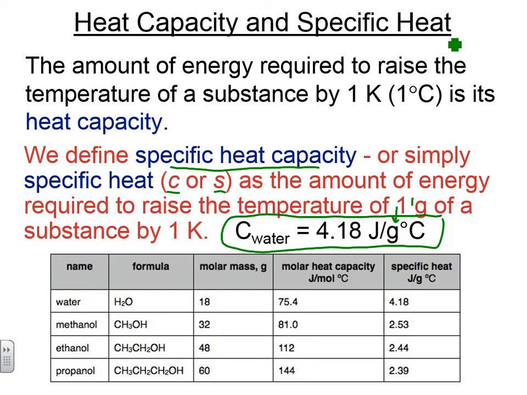Water has a pretty high specific heat compared to other substances. Notice water's specific heat is the highest of these molecules, even though the other molecules are quite a bit heavier, so their dispersion forces are quite a bit higher. Notice water wins. And this property is really interesting with water.